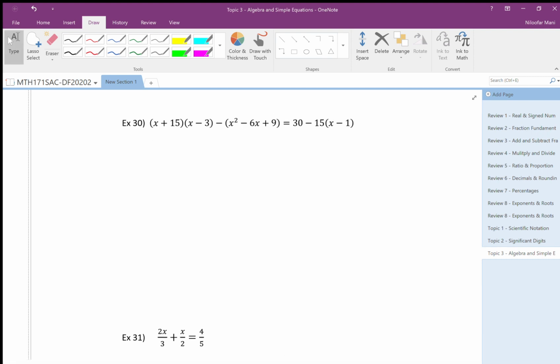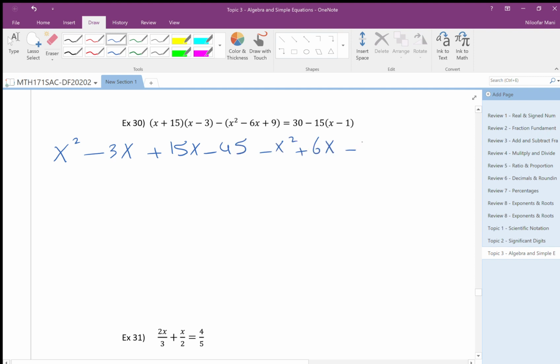Okay, so x squared minus 3x plus 15x minus 45 minus x squared plus 6x minus 9. Remember what I'm doing: this multiplied by that, this by that, minus multiplied by this, means you have to change each sign inside the bracket.